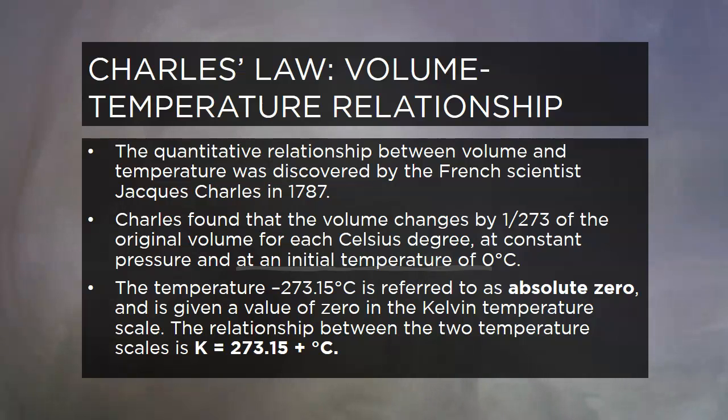What would be helpful is if we had an absolute lowest temperature, and what the Kelvin scale helps us to do is refer to that as 0 so that we can graph the relationship of temperature and pressure as a linear one, which we can do.